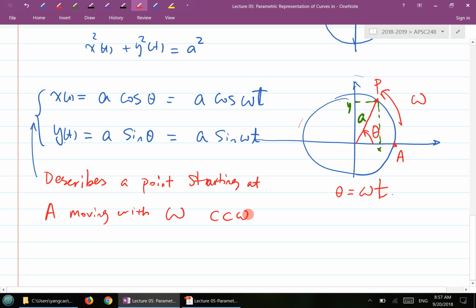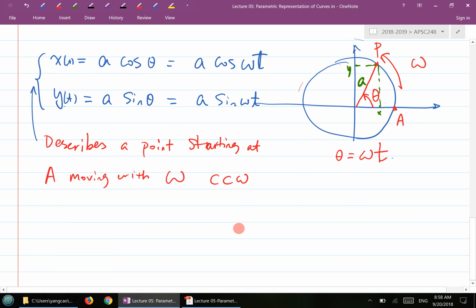So you see, for this parametric equation, if I don't look at it as a pure mathematical equation, I'm describing a very specific type of motion information.